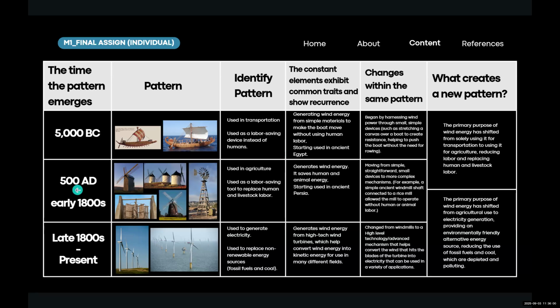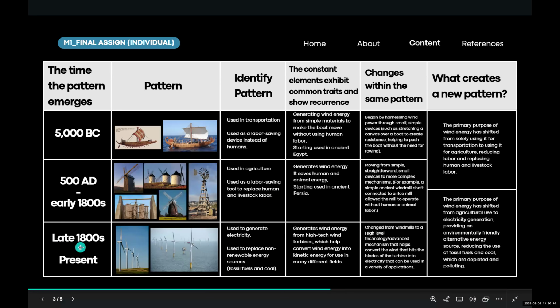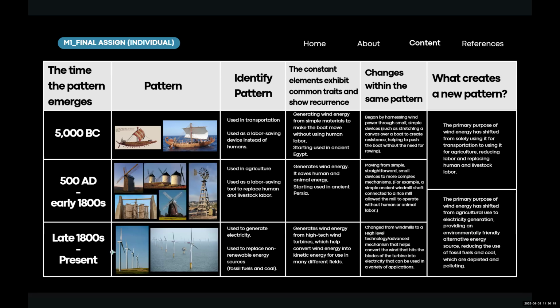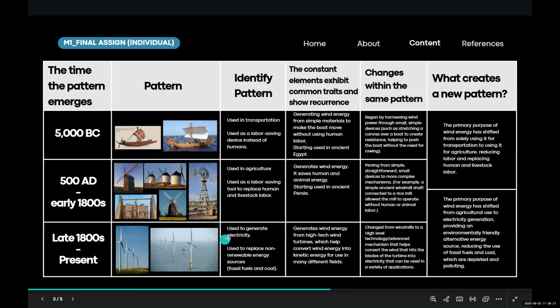In 580 to early 1800, the wind energy was used in agriculture, as a labor saving to replace human and livestock labor. And for the late 1800 to present, the wind energy was used to generate electricity and used to replace non-renewable energy sources like fossil fuel and coal.